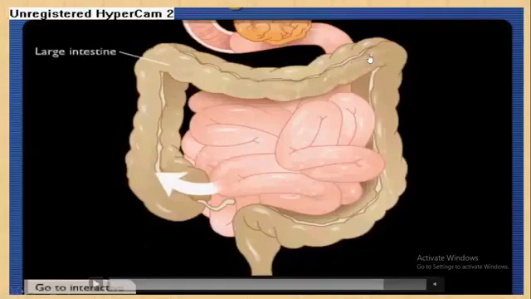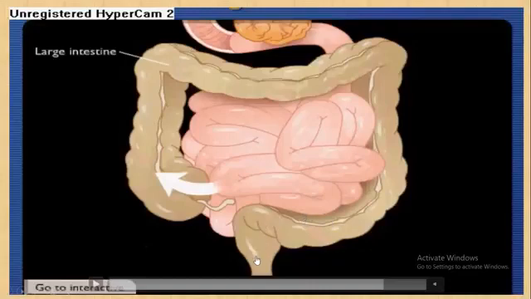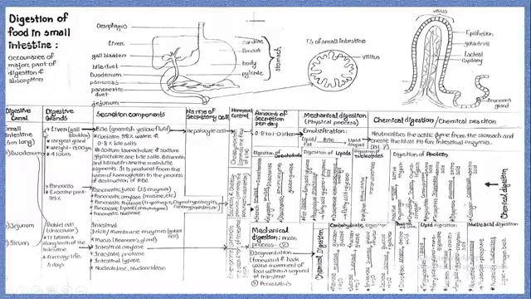There are trillions of bacteria in our large intestine, like Escherichia coli, and they undergo a fermentation process in this large intestine. So now we see the next part, the digestion process of the small intestine.